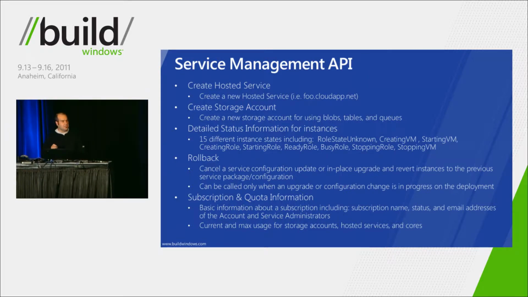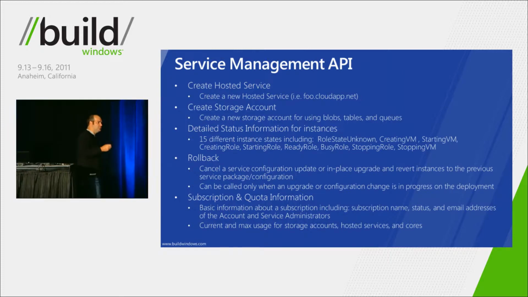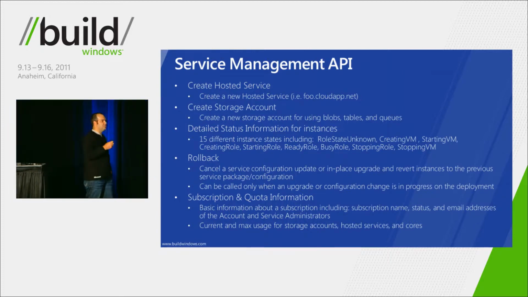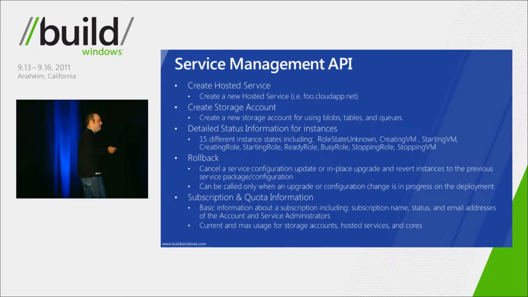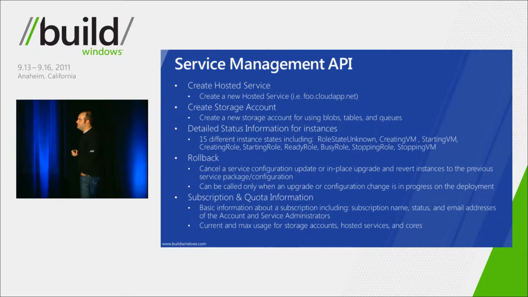This may not sound like a big deal for some of you, some of you that are maybe running some websites that are only consuming a few instances. But as we start seeing more and more people using Windows Azure to run more complex workloads, applications across multiple data centers, applications that consist of hundreds or even thousands of instances, this is a key ability to build some of their own scripts and their own management tools and get that insight.